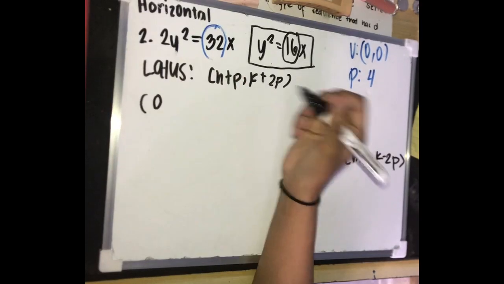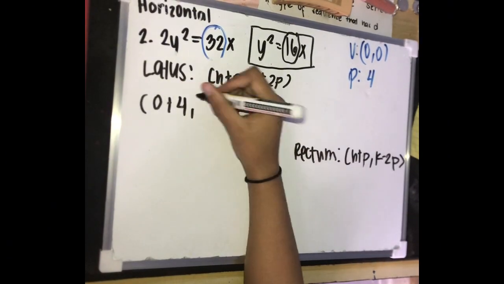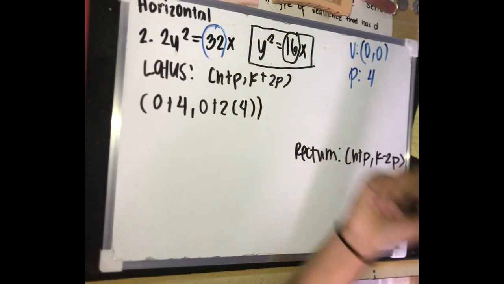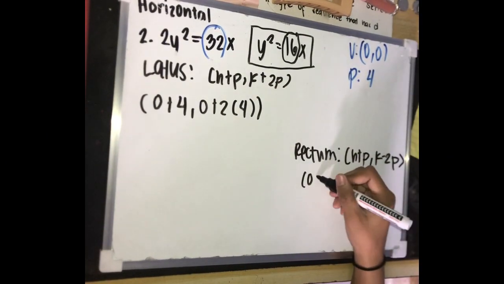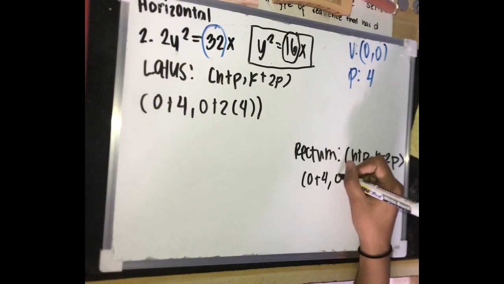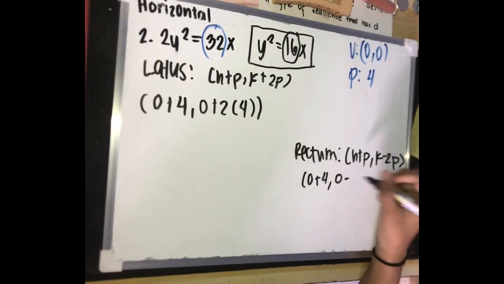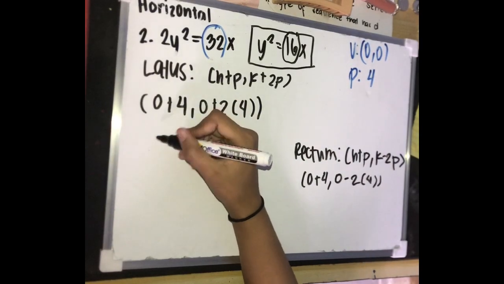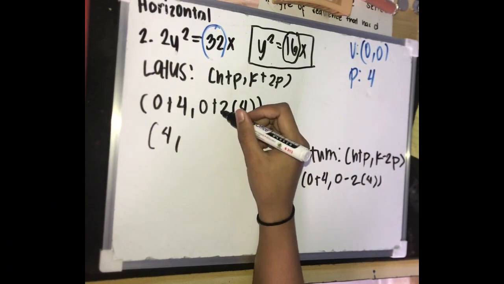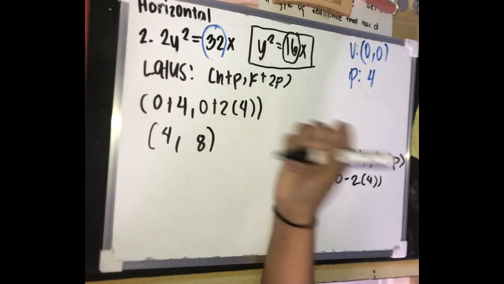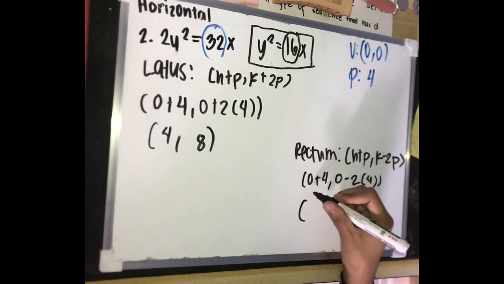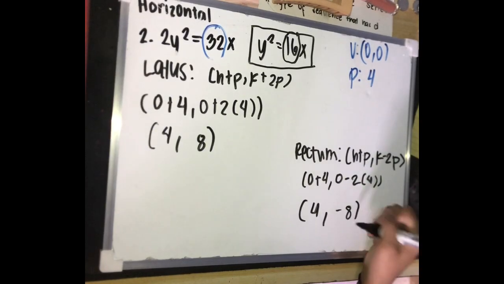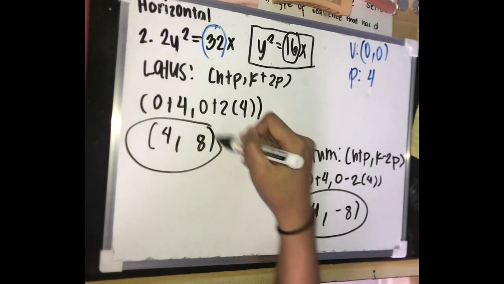The h would be 0, plus p is 4, the k is 0, plus 2 times p, which is 4, and here, our h is 0, and our p is 4, and our k is 0 again, and minus 2 times 4. So, 0 plus 4 is 4, and 0 plus 2 times 4 is 8. So, here, 0 plus 4 is 4, and 0 minus 2 times 4 is negative 8. So, this would be our rectum, and this will be our latus.